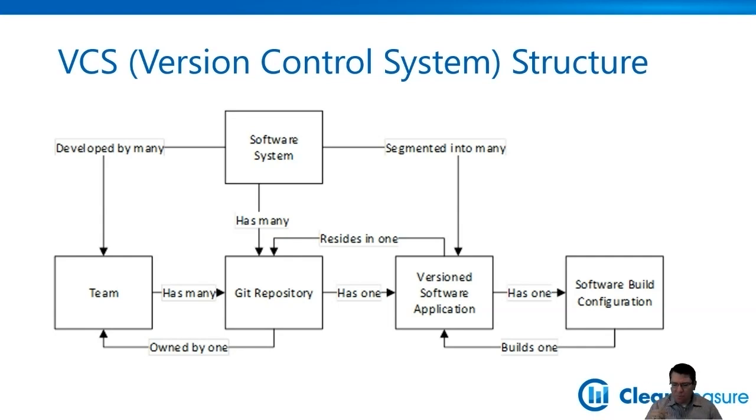So all 3 of those could very well be in the same Visual Studio solution, and that Visual Studio solution is all built together in a continuous integration build and is stored in a single Git repository. Now, the systems that you work on are huge, they're complex.